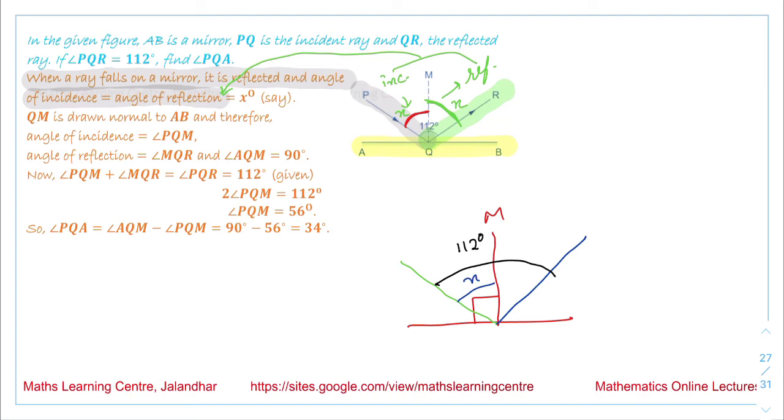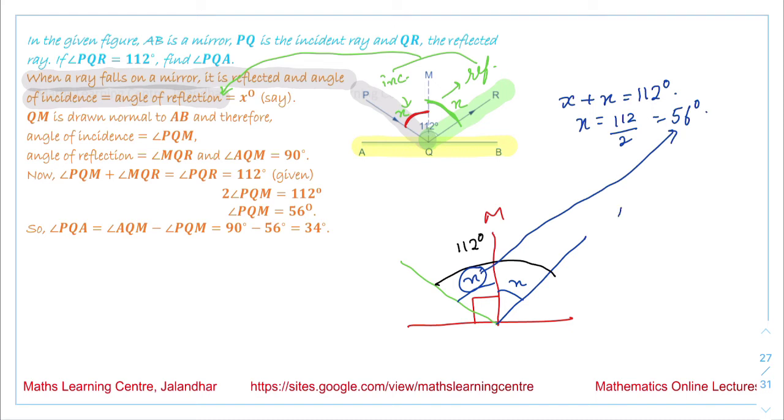Suppose this angle is x and this angle is x. Then x plus x is 112 degrees, so the value of x is 112 by 2, that is equal to 56 degrees.